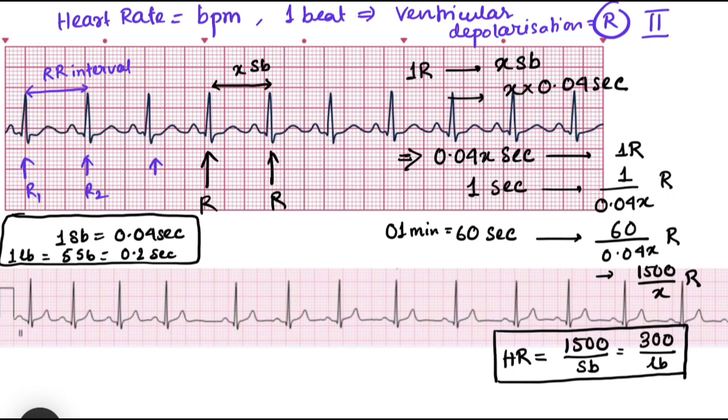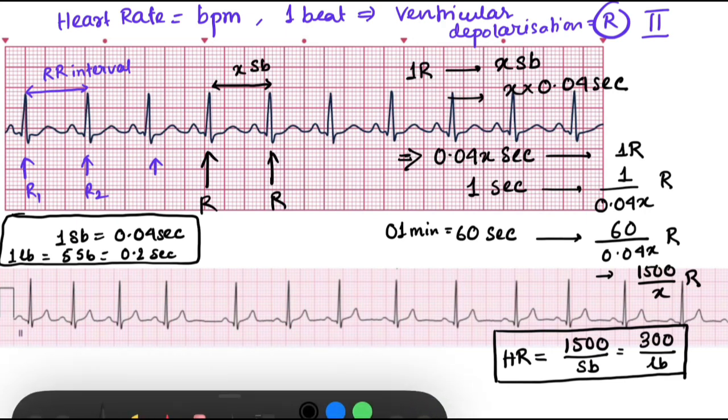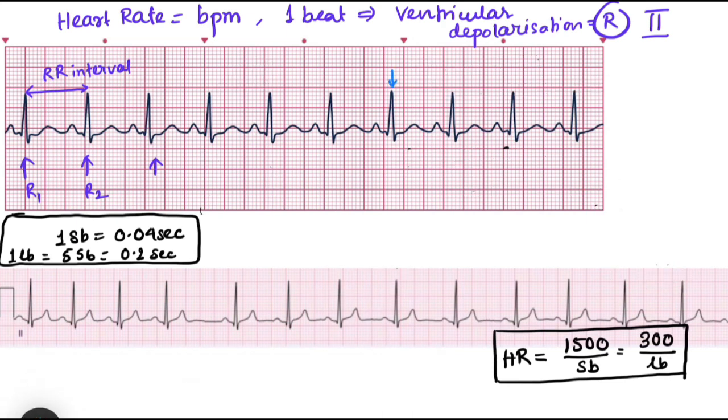Based on this formula that we have derived, let us try and determine the heart rate of the upper ECG. In the upper ECG, between two R waves, this one and this one, let us see how many small boxes there are. There are 1, 2, 3, 4, 5, 6, 7, 8, 9, 10, 11, 12, 13, 14, 15, 16 small boxes.